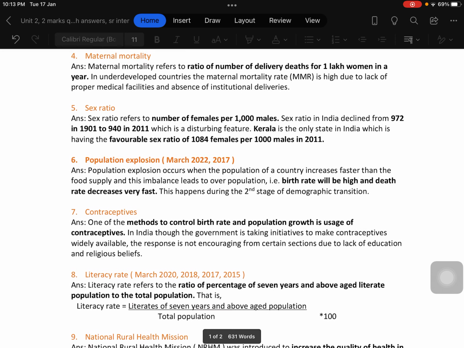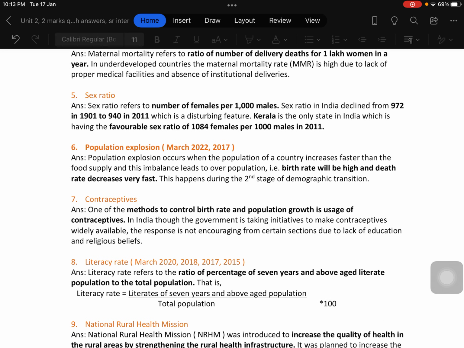Then the next question is the contraceptives. One of the methods to control birth rate and population growth is usage of contraceptives. So in India, the government is taking initiatives to make contraceptives widely available, but the response is not encouraging from certain sections due to lack of education and religious beliefs.